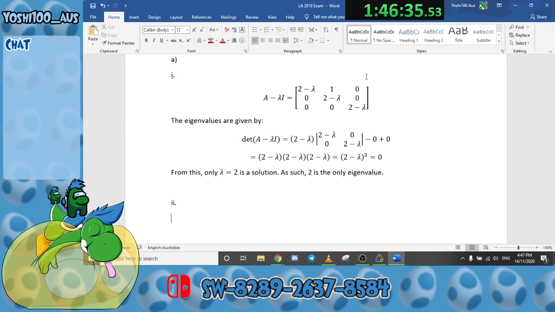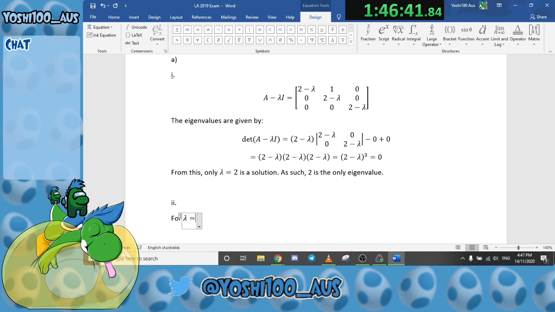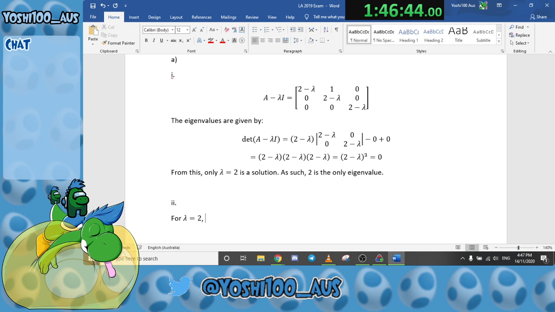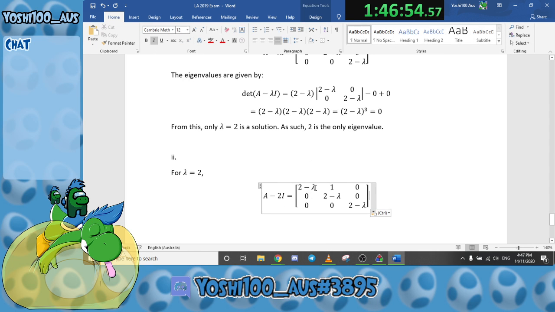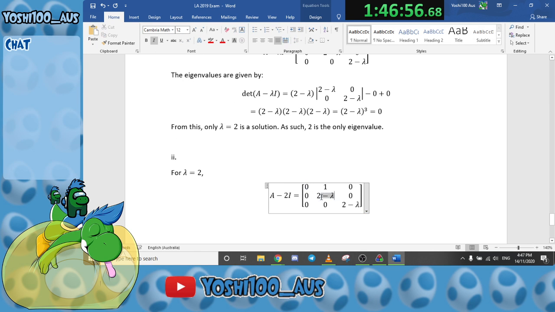Right, you sub in the value for A take 2, 2i equals... is this but messed up? Yeah. 0.